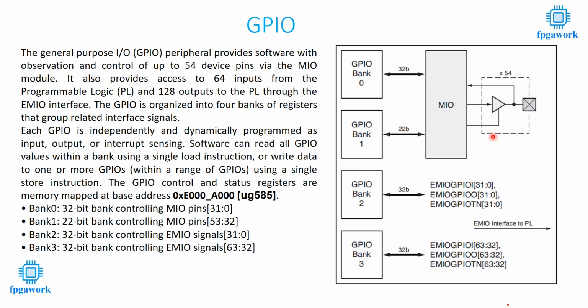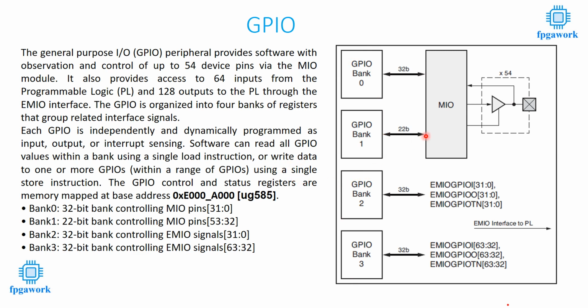The remaining 22 pins are connected with the remaining MIO pins, because MIO has 54 pins in total. But this is not the case in banks 2 and 3. All the 32 bits of both banks are useful. So we have 64 pins here and 54 pins here.